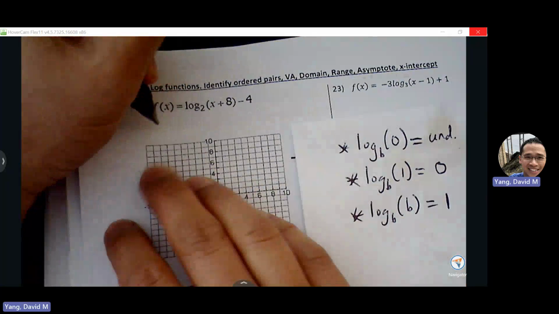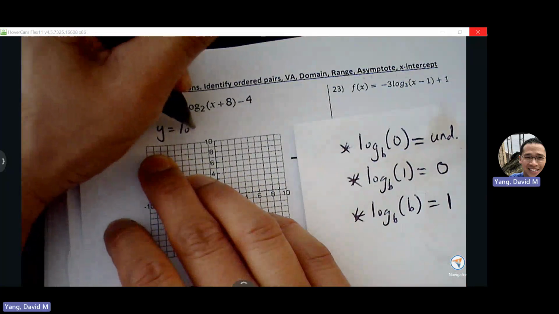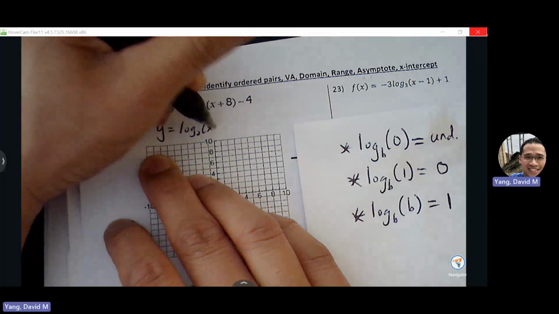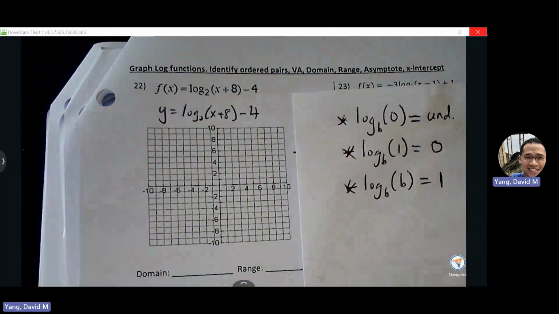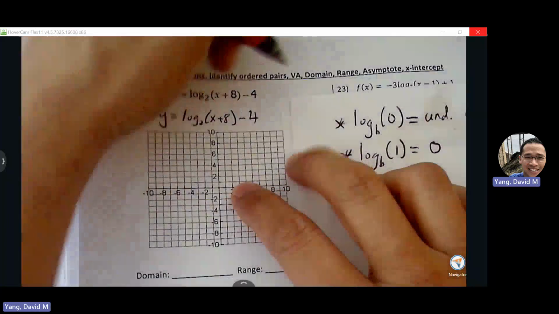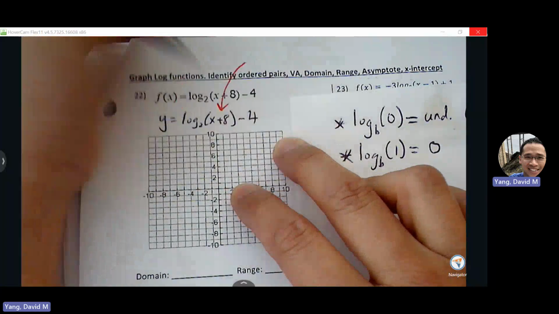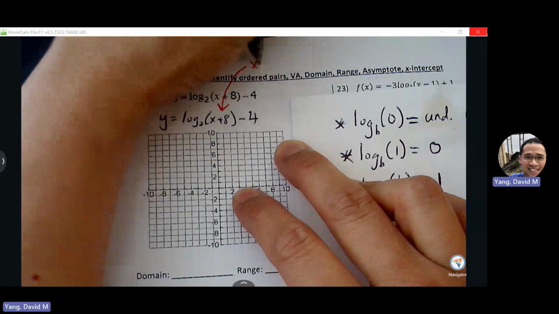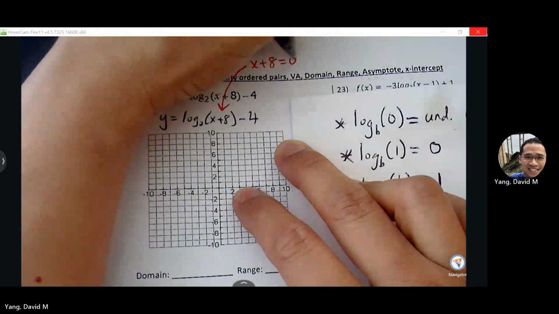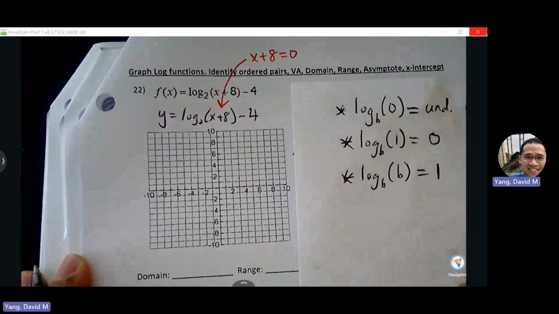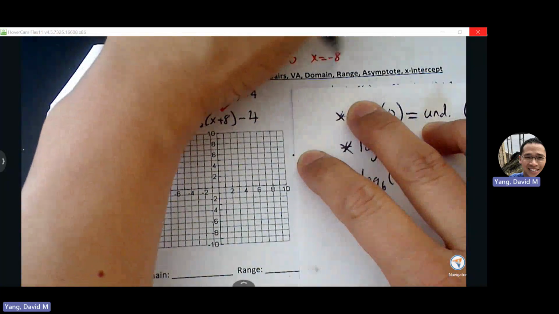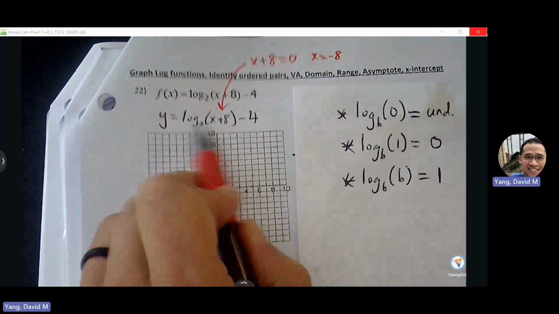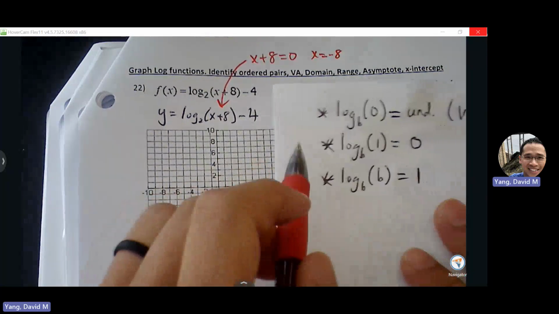Okay, so let's explore this here. So this is y equals log base 2 of x plus 8 minus 4. So let's just focus on the x plus 8, right? Because whatever causes this to be 0 is where your asymptote exists. So what's my vertical asymptote? -8. Right, because -8 causes this expression to be 0, and log of 0 is where my vertical asymptote exists.